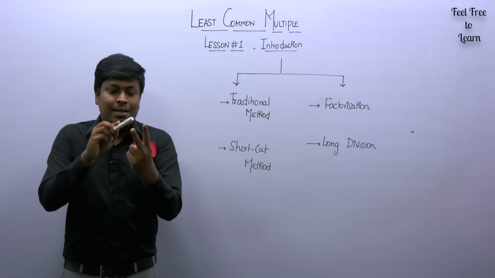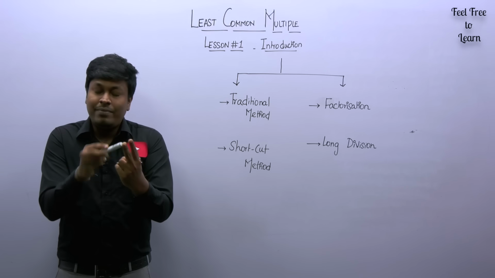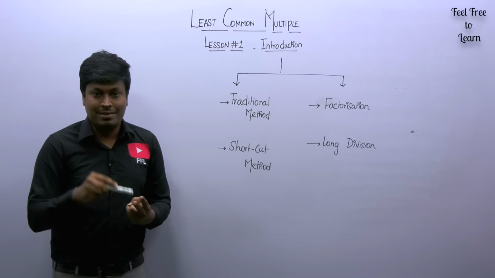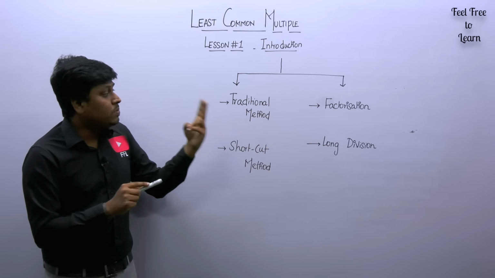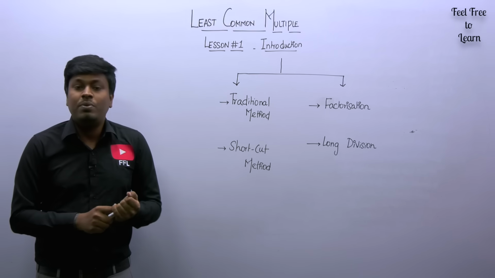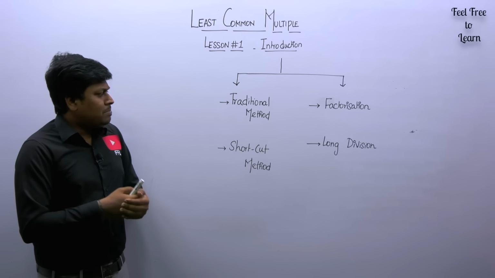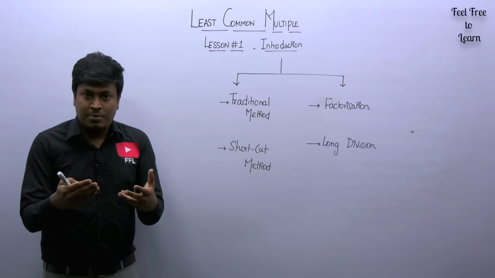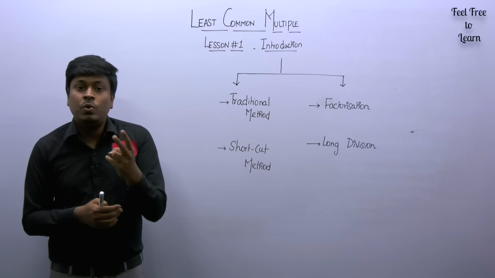Always remember that these two topics are not new for us, because we have already learnt them in schooling itself. While we were studying in 5th standard, our teachers taught us how to find an LCM for a number and how to find an HCF for a number. But if you are a CBSE student, one thing you should know: for finding an LCM of a number, there are two methods.